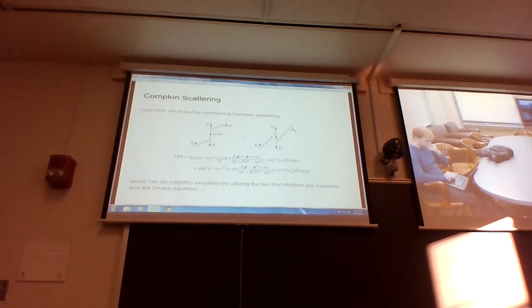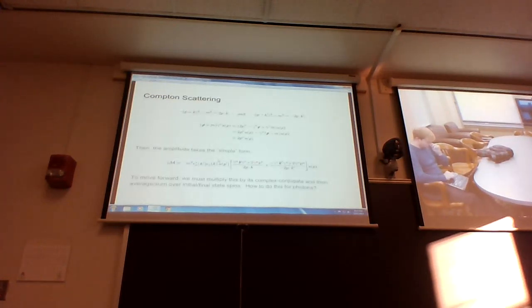So we used the fact that photons are massless, right, to simplify these denominators, and we used the Dirac equation. Okay, so here are the expressions that we used. We simplified those denominators by using the fact that the photon's massless, so k squared is 0, and the p squared that comes out of here is m squared, so m is the electron mass.